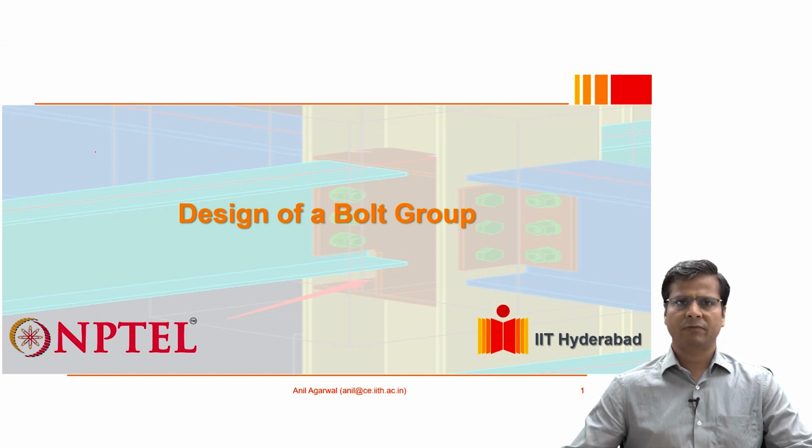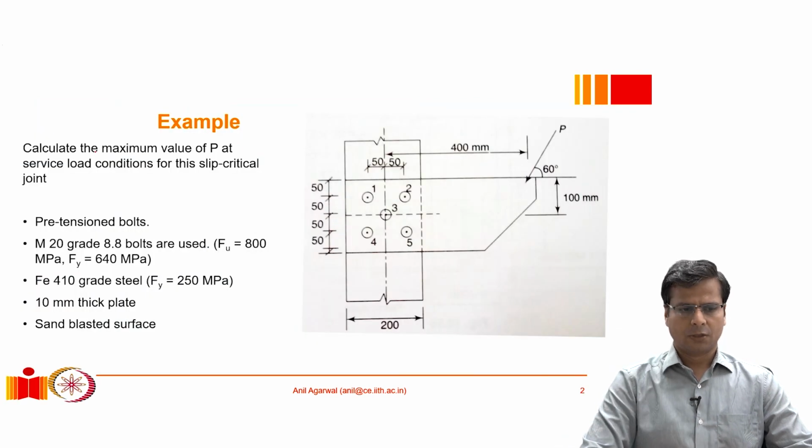So the first example we will take today is of the designing of a bolt group. So this is the example that we have taken. Here you may see this is a column which is supporting a bracket. The bracket has a load P acting at an angle of 60 degrees from horizontal.